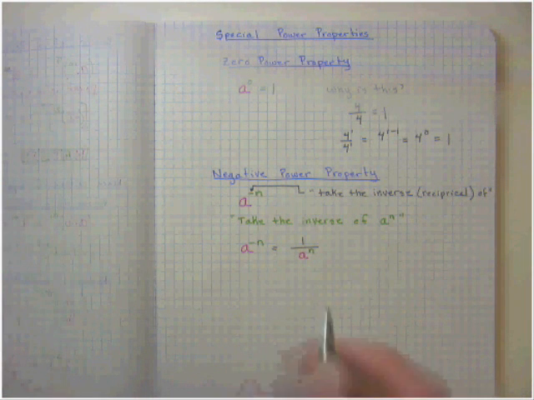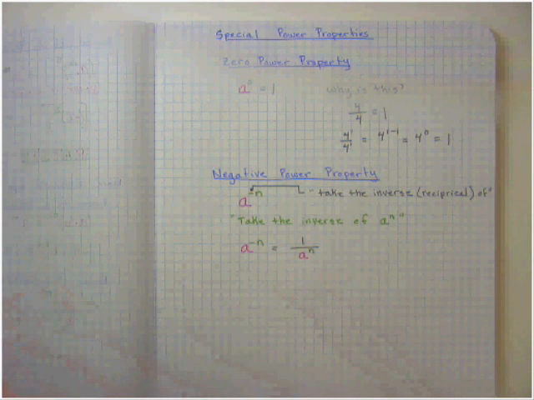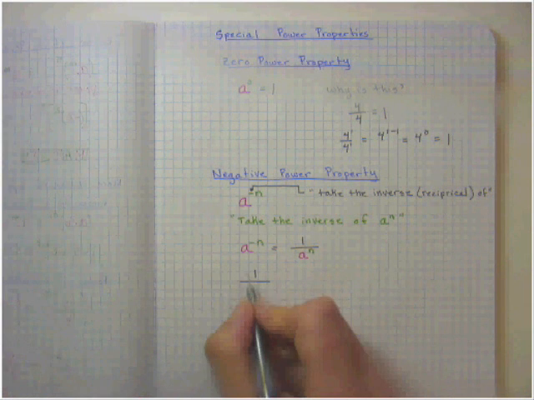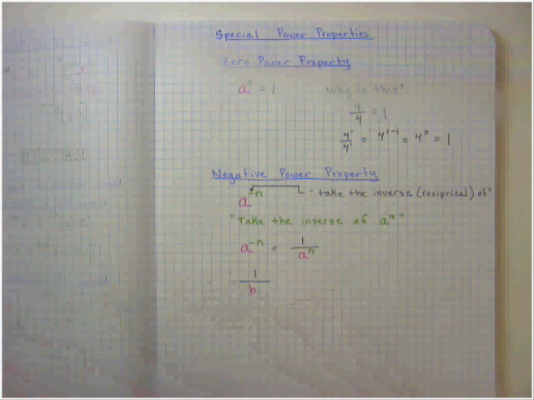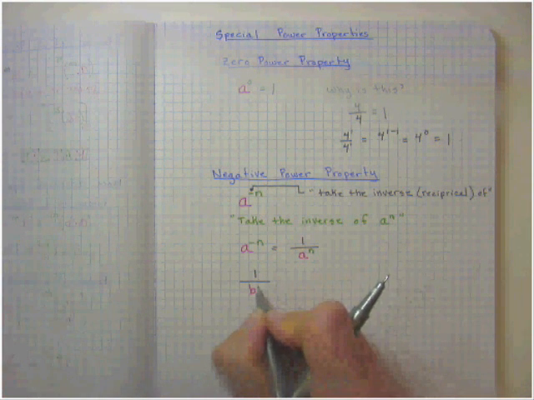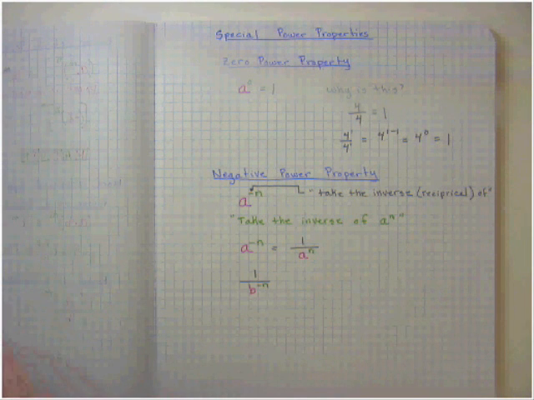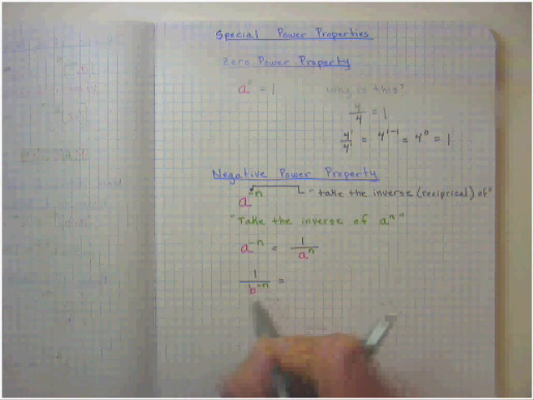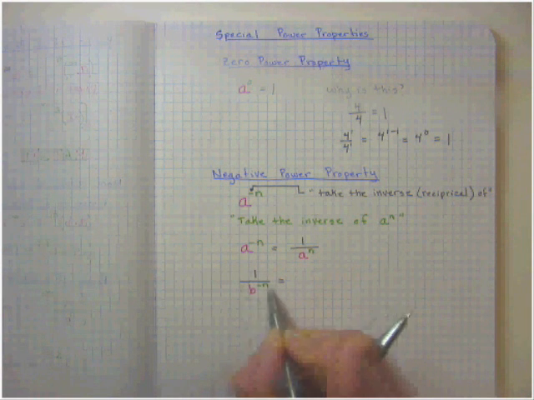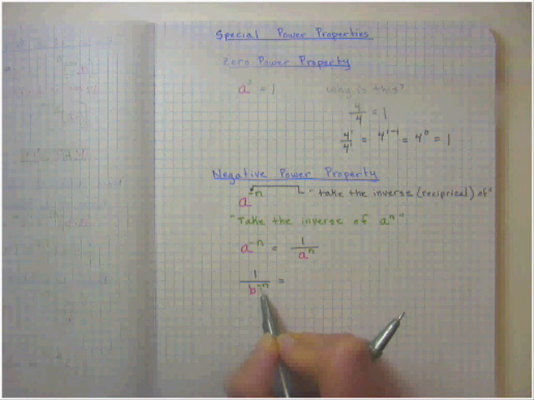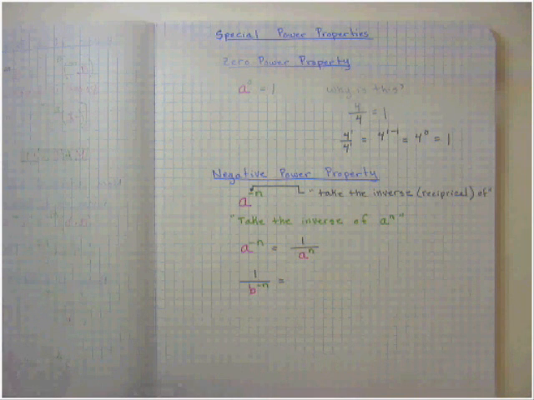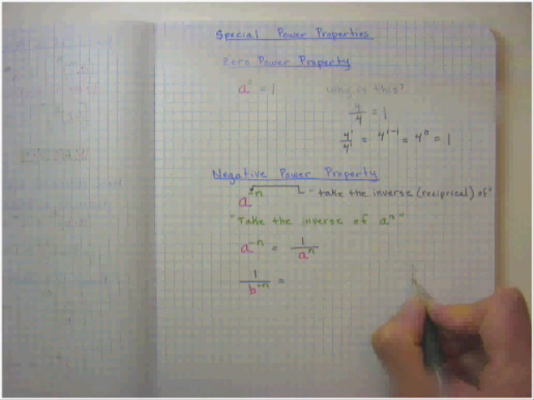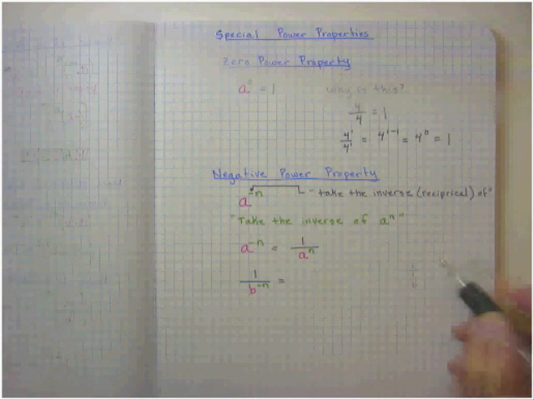The other way to do it would be if I had 1 over b to the negative n. Well, what would that be? Well, this is saying take the inverse of b. Well, b is in the denominator, right? So technically what that would be is 1 over b.